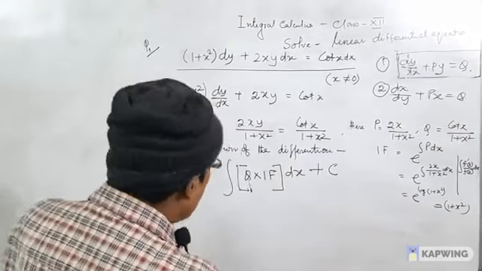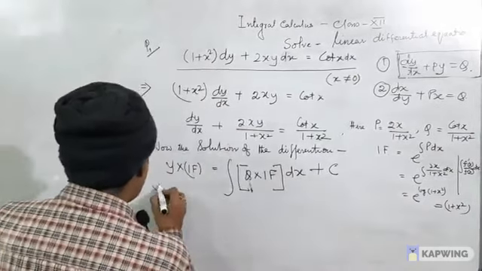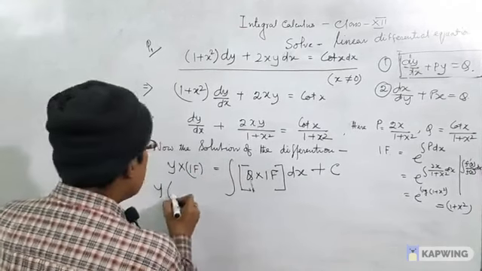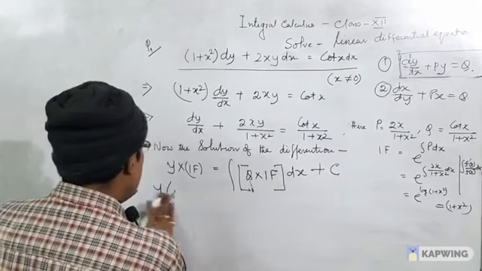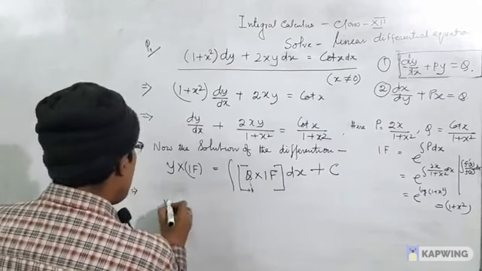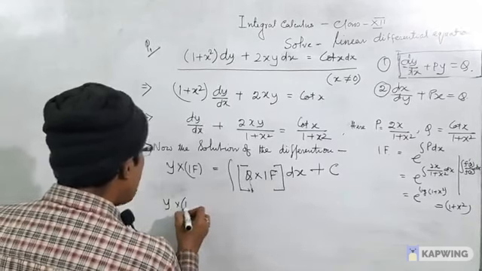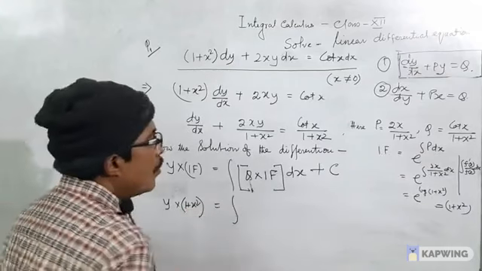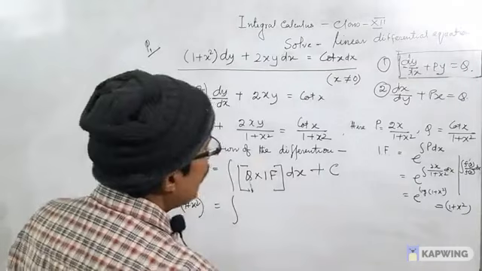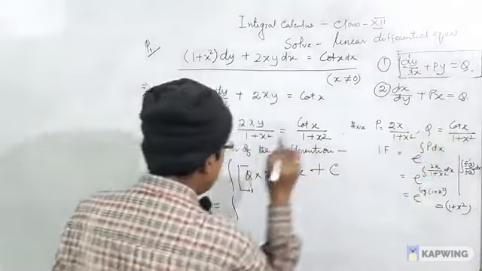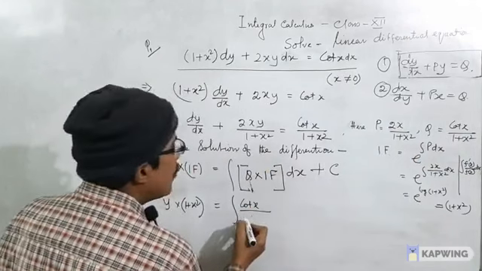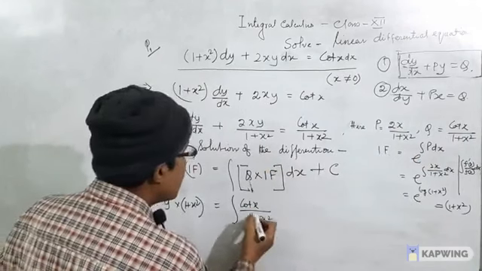Now we know the integrating factor is 1 plus x square. So y into 1 plus x square equals the integration of q into integrating factor. What is q? q equal to cot x upon 1 plus x square.